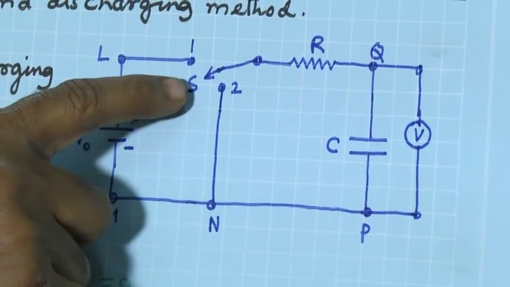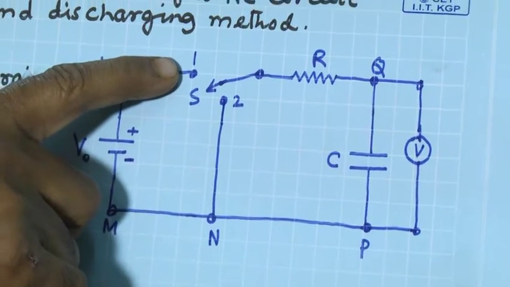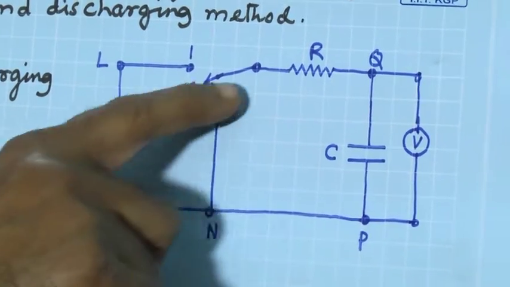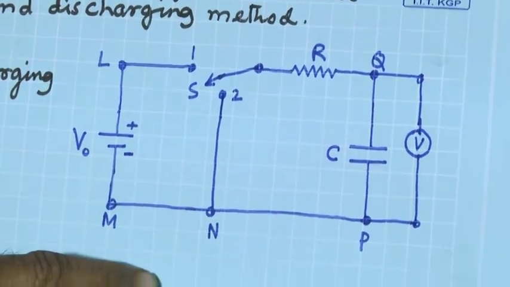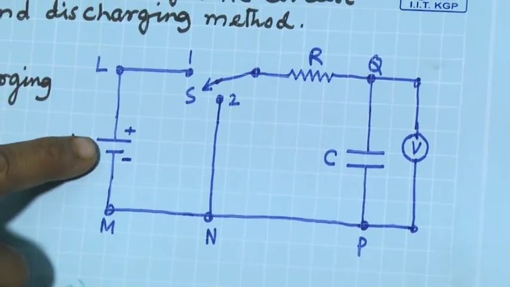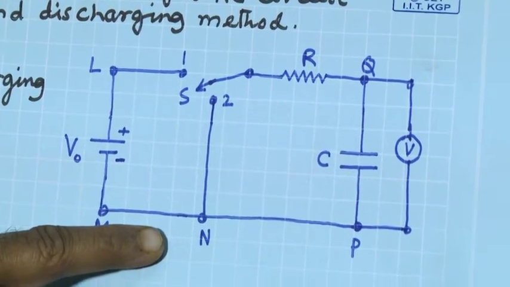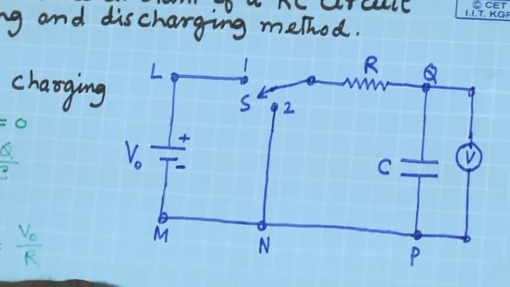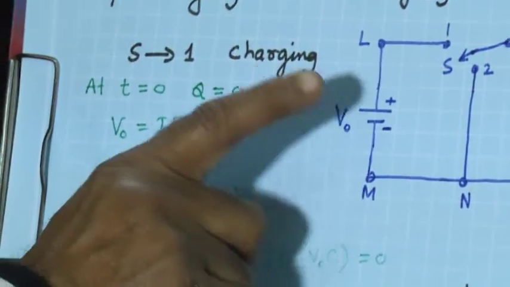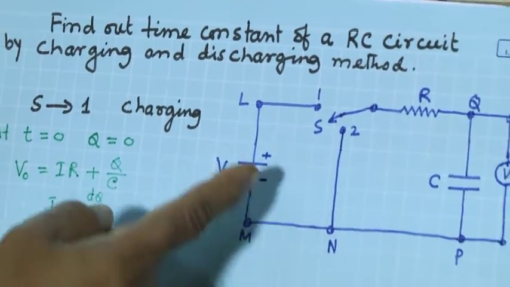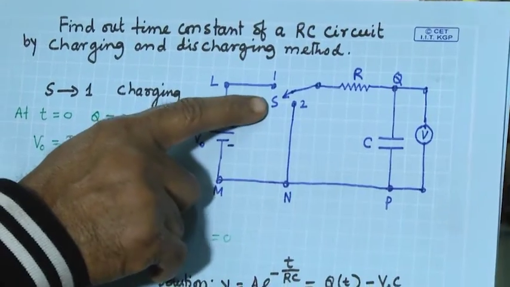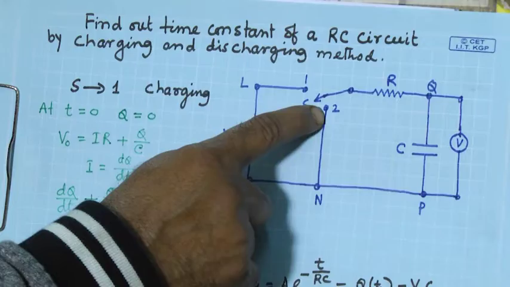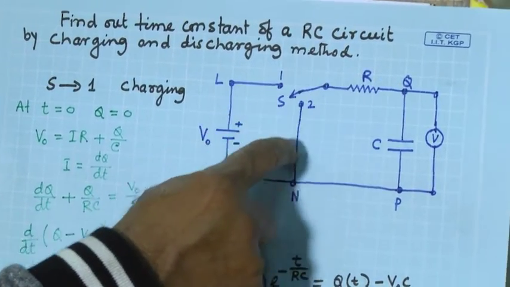So, when the switch is at position 1, it is an RC circuit and the power supply is connected with this circuit. So, current should flow through this circuit. Okay. The other option is, if you put the switch at position 2, then the complete circuit will be this.